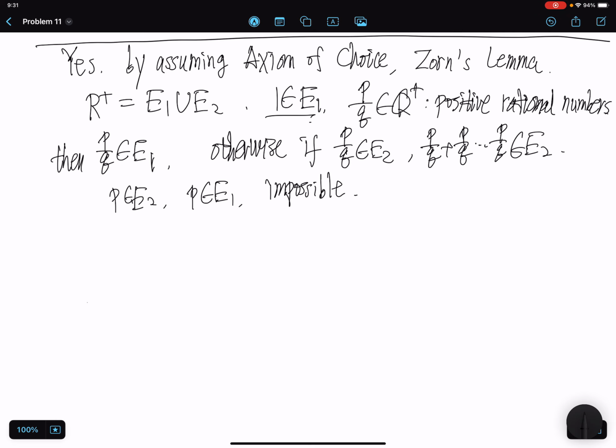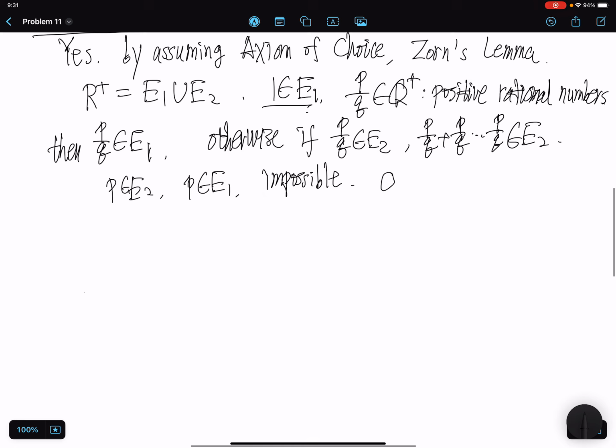So what we have shown is that Q plus, the positive rationals, has to be in E1, right?